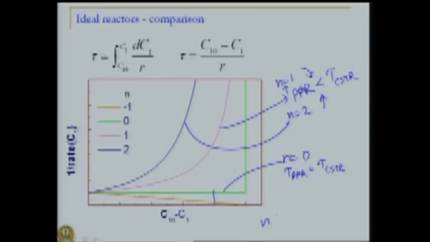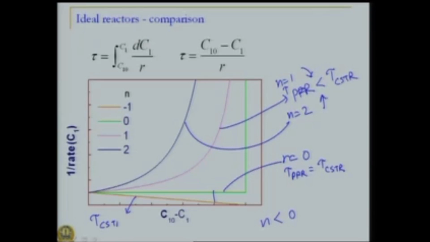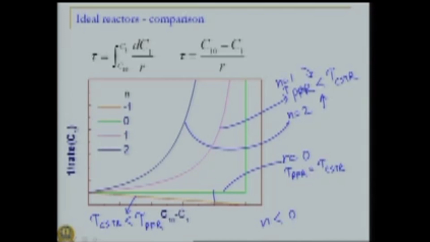For n less than 0, 1 over R versus C1 minus C10 is a decreasing curve. So, what happens for this particular reactor? Tau CSTR is less than tau of the plug flow reactor. So, CSTR is better than plug flow reactor.